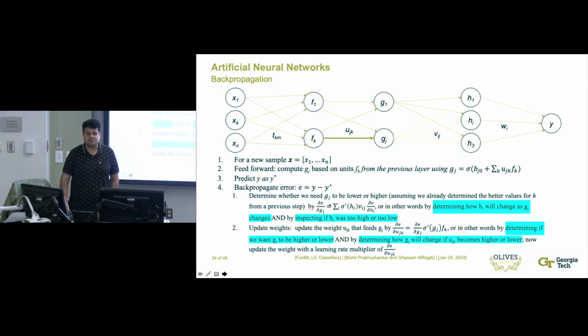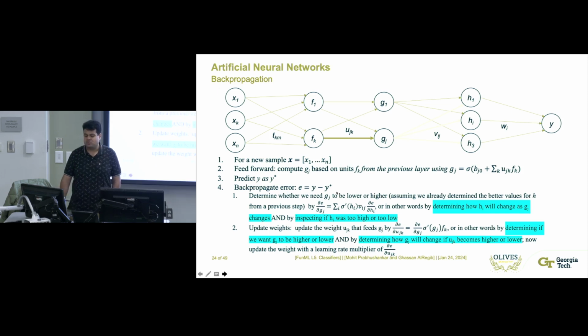We need to see if the output from Gj has to be low or high, and make adjustments to the input parameters ujk. If this were 20, then we need to maybe decrease it, or we need to increase it in order to get to a stage where our output is sufficient. And that is essentially what backpropagation tries to do within this entire framework.